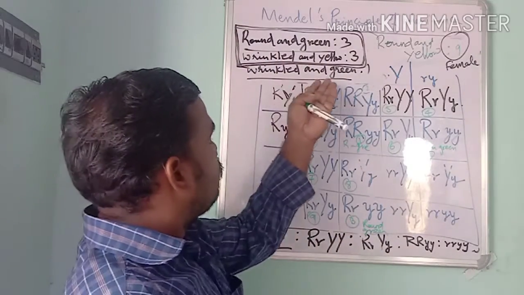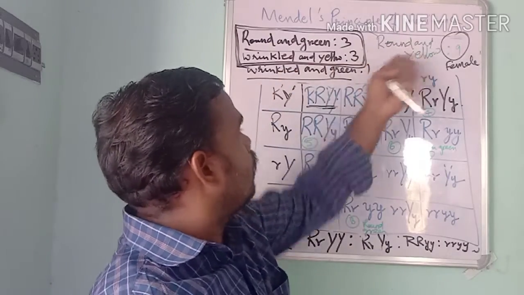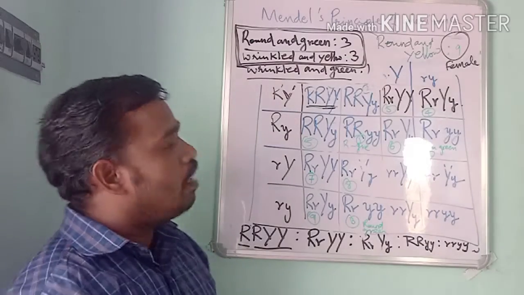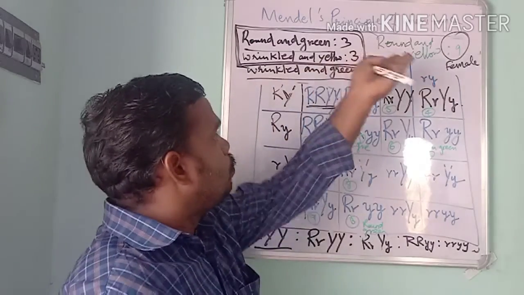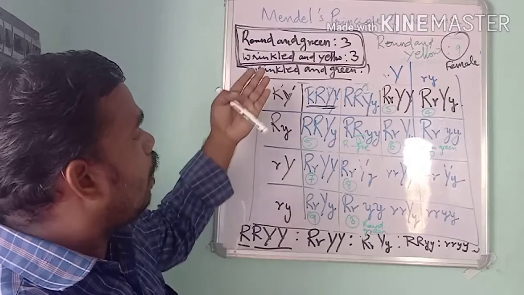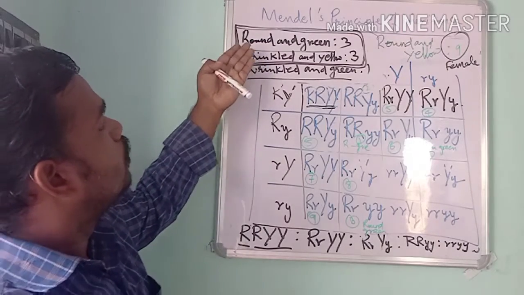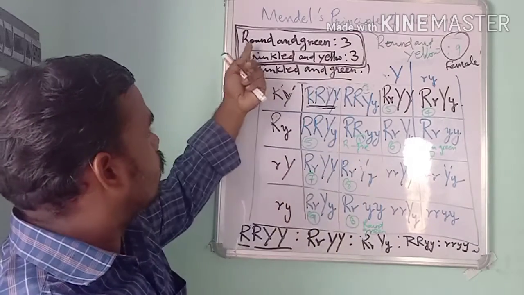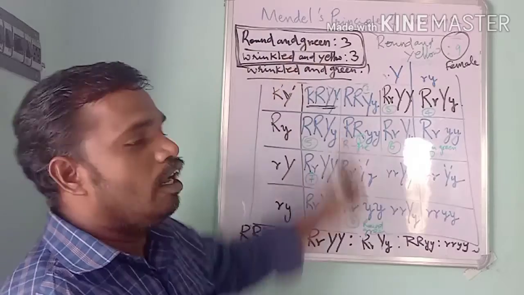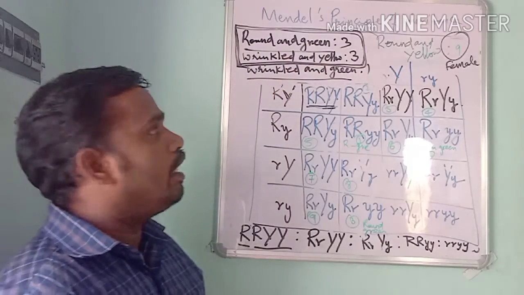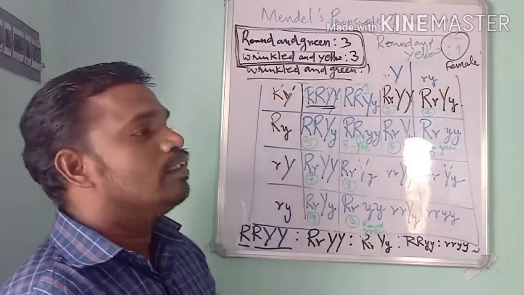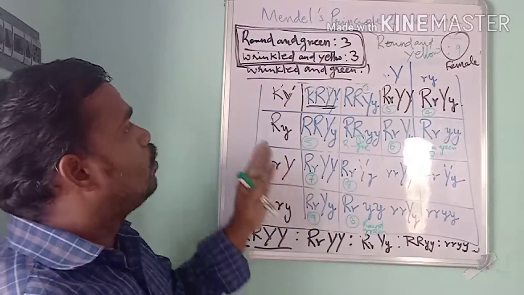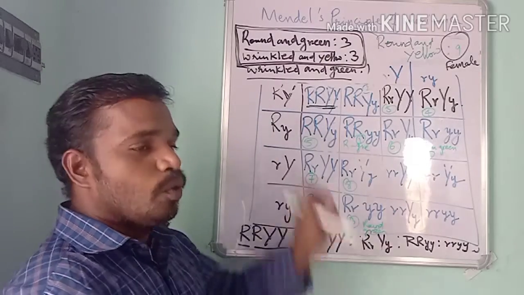We have taken the parent traits round and yellow, and wrinkled and green. These two parents only we have taken for the dihybrid. But apart from these two characters, Mendel is able to get two more different characters, two more new traits, that is round and green, wrinkled and yellow. Do you understand what I am saying? Apart from the parental characters, Mendel was able to observe two more different traits in the F2 progeny.